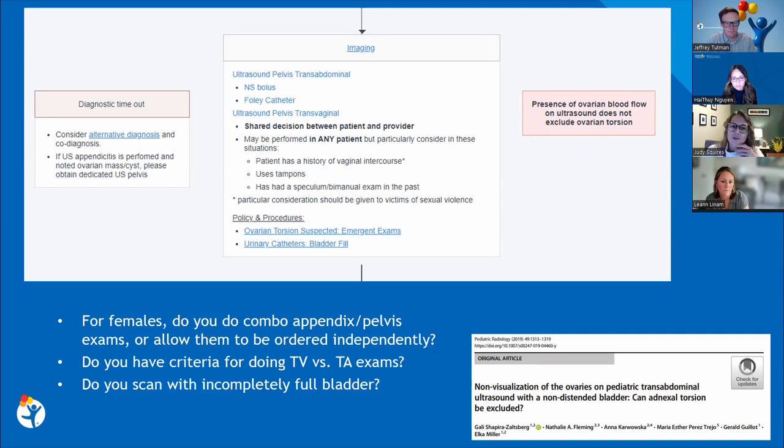We have similar guidelines. 13 is our age cutoff; they have to be at least 13 or older. We also run into the same issue with patients who can't understand what we're going to be doing due to mental capacity issues. I find those very challenging because sometimes those patients would definitely benefit from a transvaginal ultrasound.